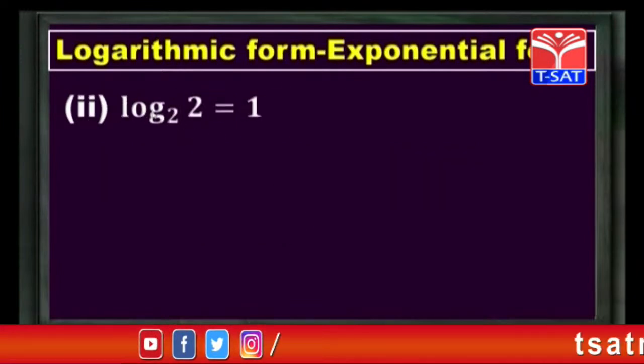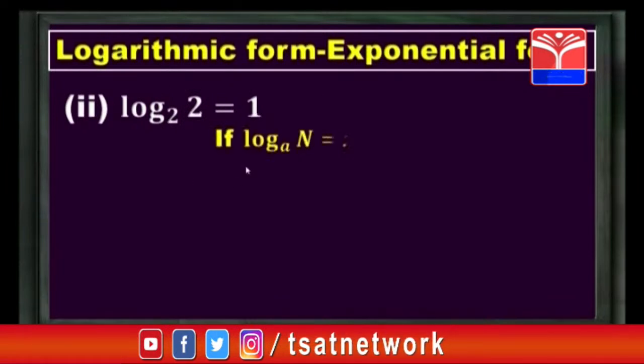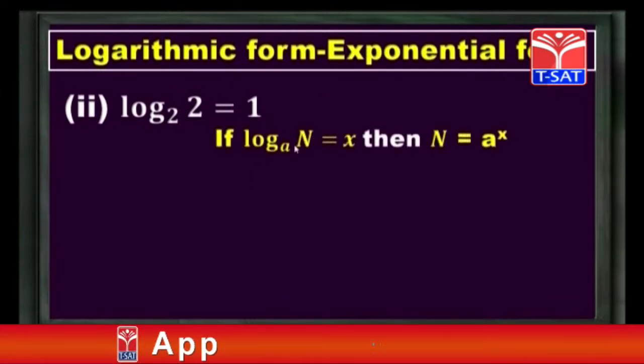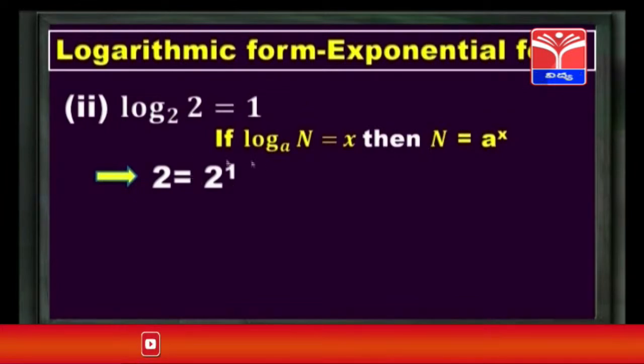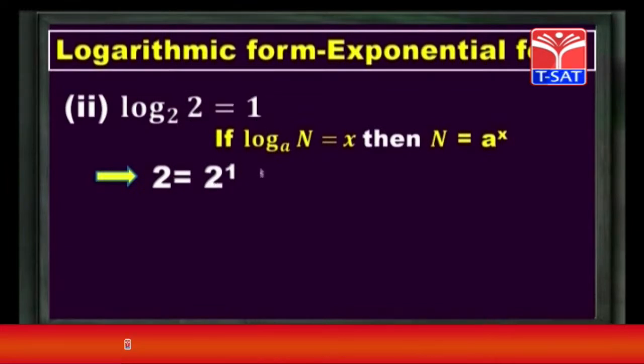Now second problem, log 2 to the base 2 is equal to 1. Let us convert this to exponential form. Log n to the base a is equal to x, then n is equal to a power x. So we can write 2 is equal to, the base sent to the right hand side, becoming the base of this. So 2 is equal to 2 power 1.